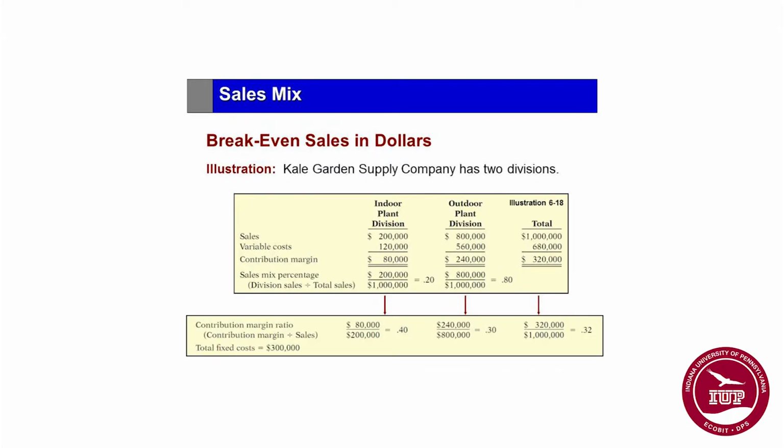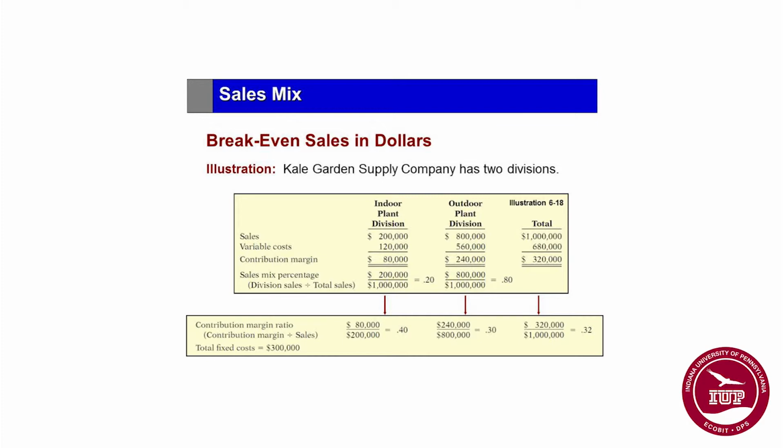So in this case, you've got two divisions, outdoor plant and indoor plant division. Your contribution margin is $80,000 and $240,000 respectively. And for the indoor plant division, you've got a contribution margin ratio of 20%. For outdoor plant, you've got a contribution margin ratio of 80%, which is basically contribution margin divided by sales.